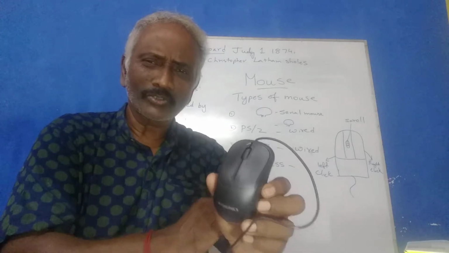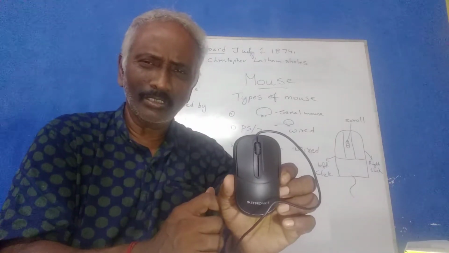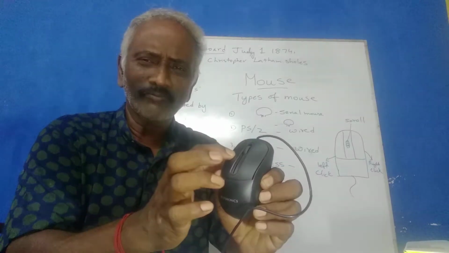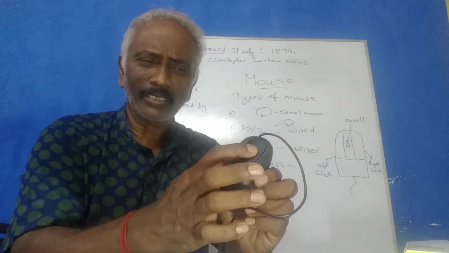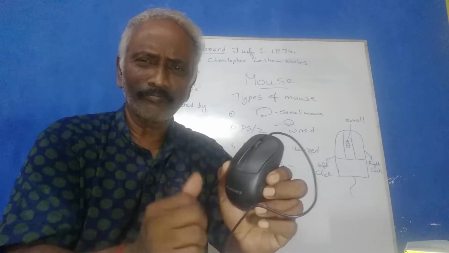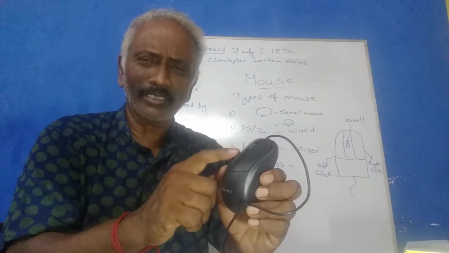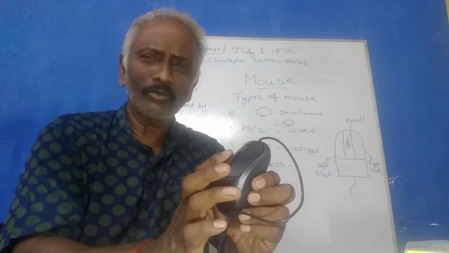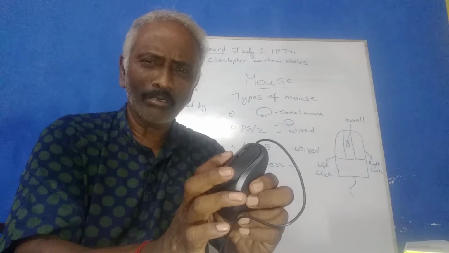So this is a mouse that we are going to see externally. You have a left click button, a right click button, and in the center a wheel known as the scroll wheel. The left click is to activate your menu.